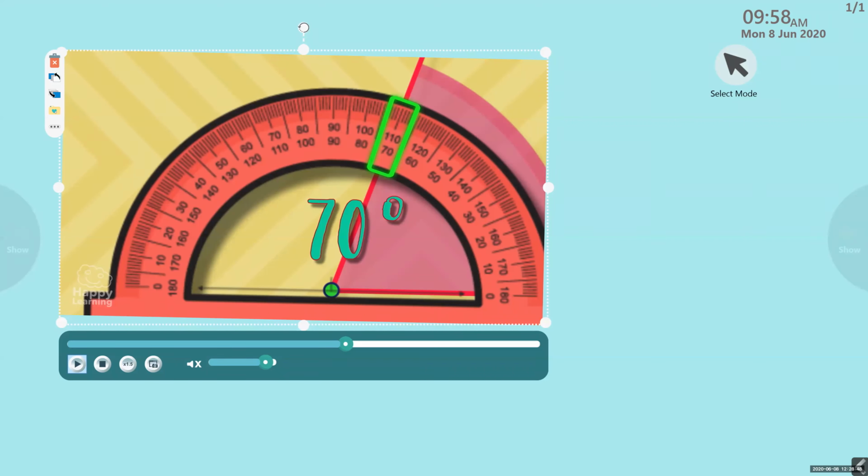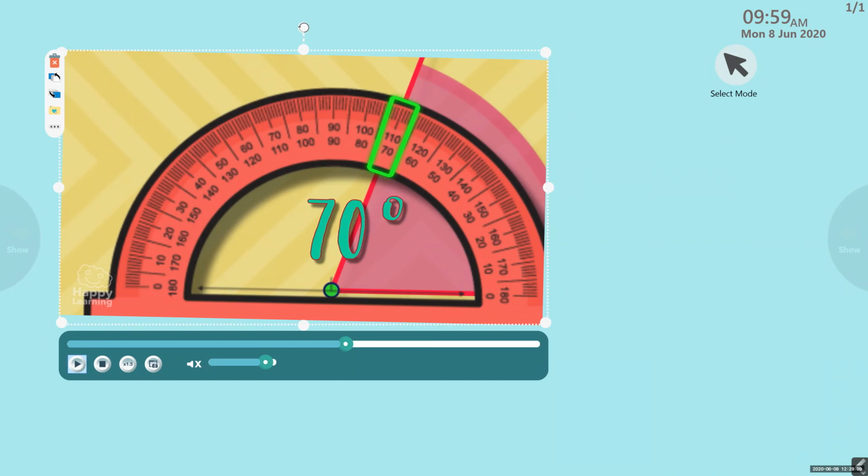Now all of you see that we are going to start from 0 over here. Can you see this is the mark? 0, 10. So 0 is on the inside, so that is the inner scale. 0, 10, 20. Now look at the mark, where it is pointing. That is 70.